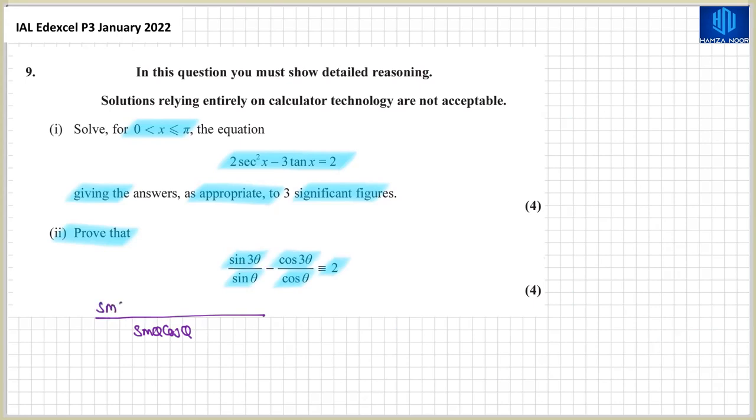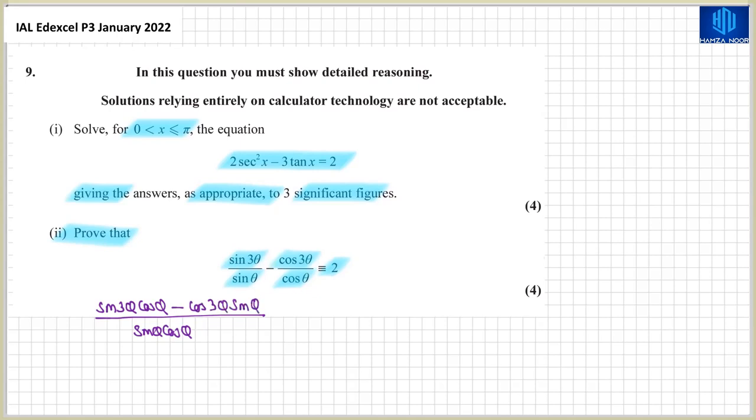So this will be sin 3θ cos θ, and then a minus sign. Then cos θ will be multiplied by sin θ to give sin θ cos θ, so the numerator cos 3θ will also be multiplied by sin θ: cos 3θ sin θ.